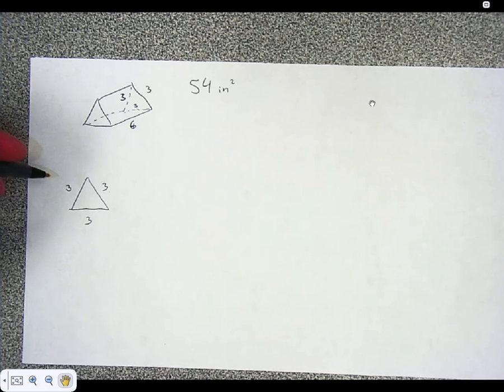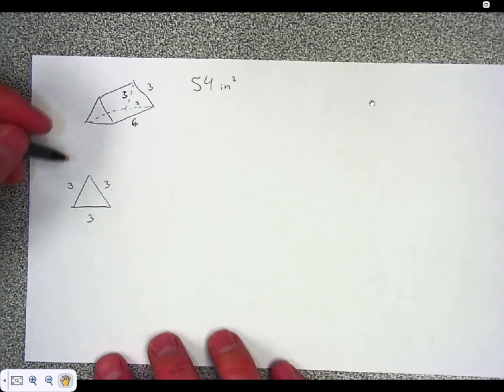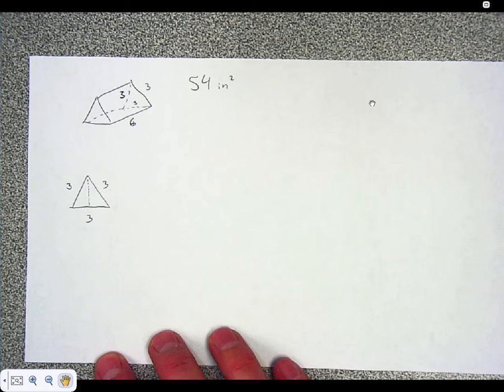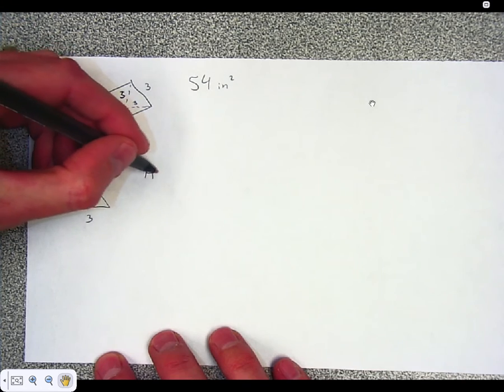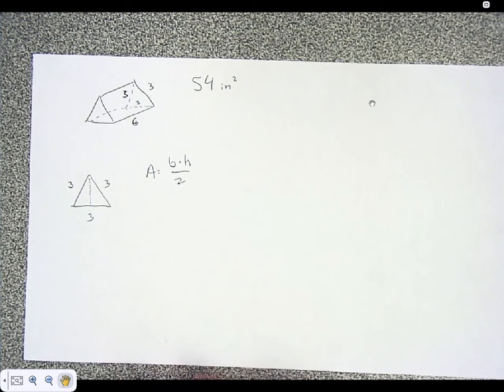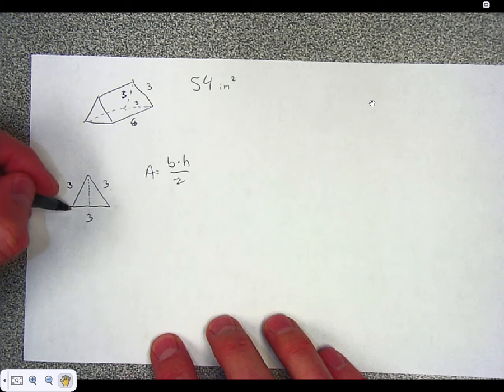But one pattern that hopefully you saw or you found, because you passed that lesson, is the height of an equilateral triangle, which we need to find the area of a triangle. I'll remind you, we do the base times the height divided by 2. So that's the area of a triangle, of any triangle. We know the base. The base is 3.